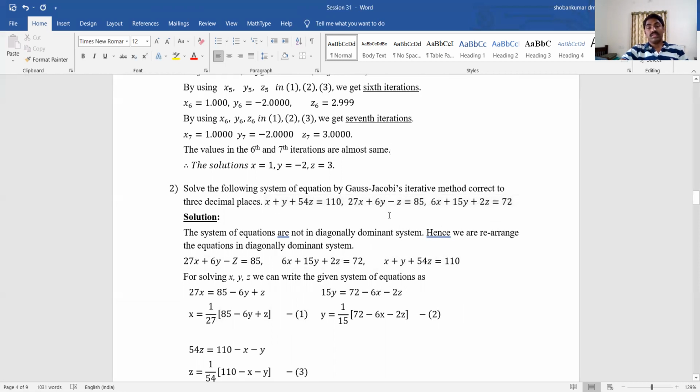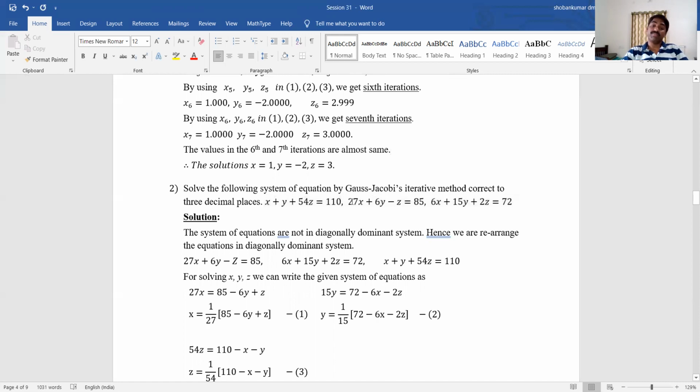By observing, the given system is not diagonally dominant, so we make it diagonally dominant by interchanging the equations. Here, in this system, in the second equation, 27 is numerically larger than the other coefficients. That means here a1 is numerically larger than the other coefficients.